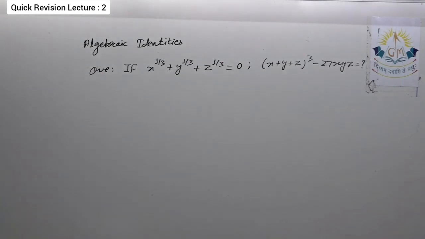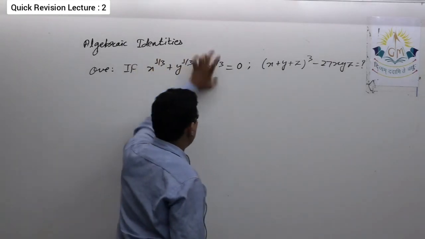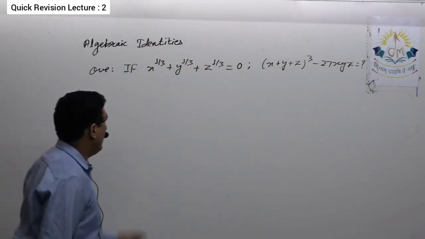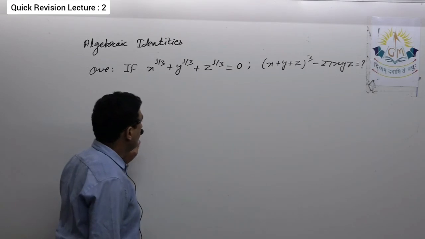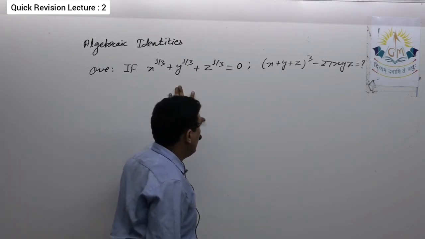Okay, so think for a while. It looks like a plus b plus c is equal to 0. We know when a plus b plus c is equal to 0, then a cube plus b cube plus c cube is equal to 3abc.